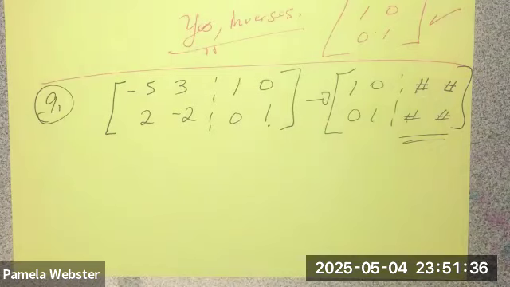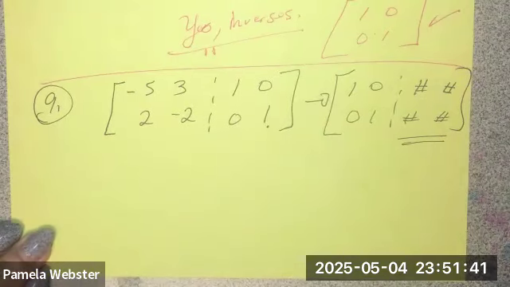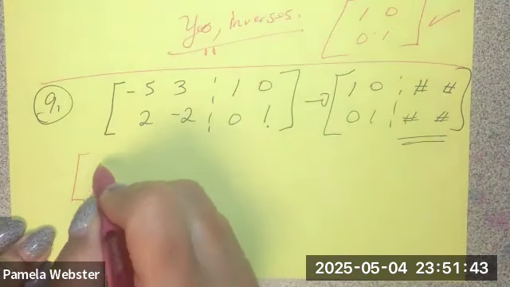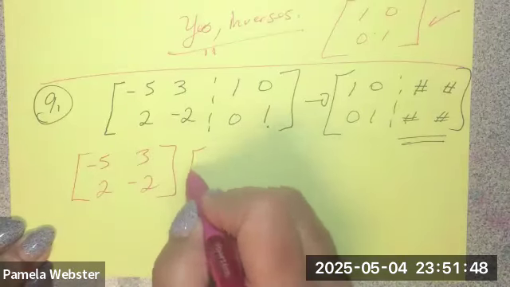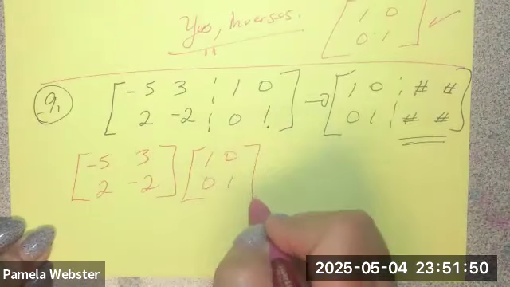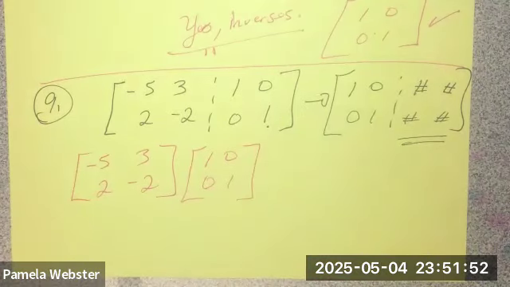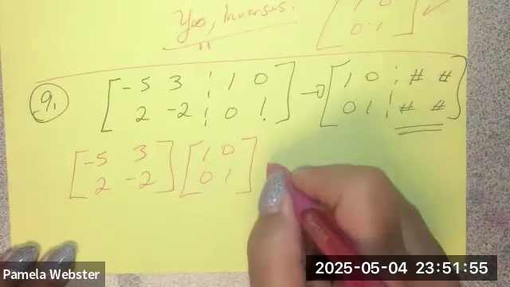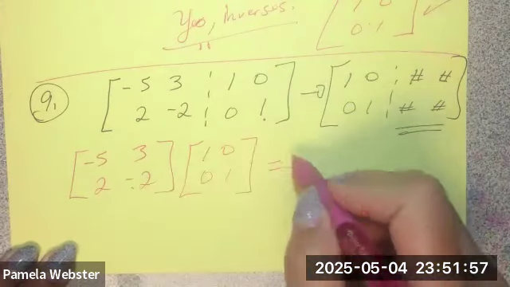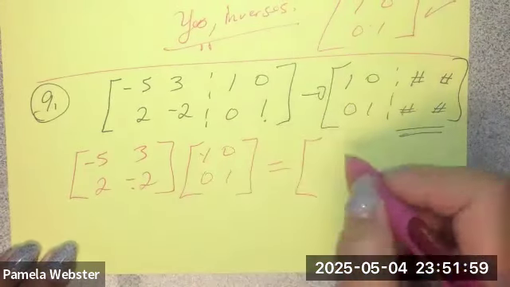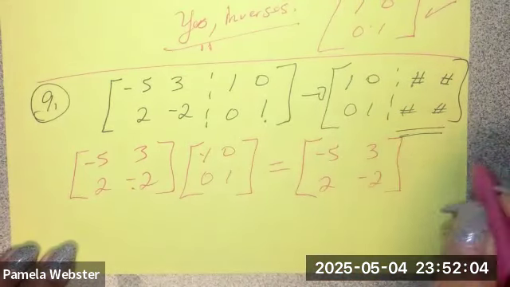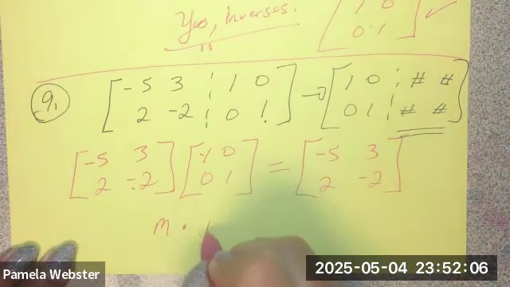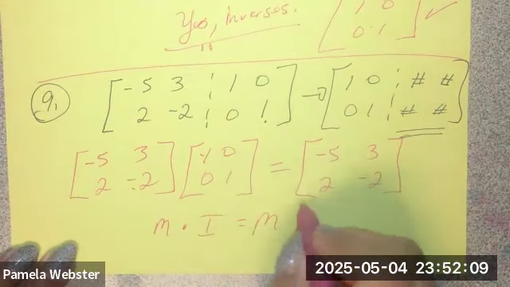What you cannot do is multiply these, and I actually saw several people do it. -5, 3, 2, -2. You can't multiply times 1, 0, 0, 1 because I don't even have to do that math. If I multiply any matrix by the identity matrix, I better get back the original matrix, right? So matrix times identity equals matrix.